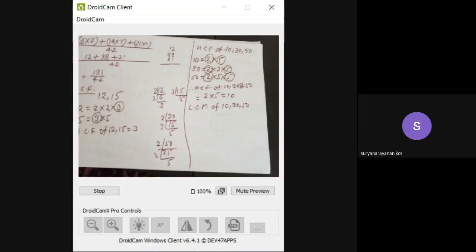This type of question also will be asked in this PA1 exam. Finding LCM of given three numbers or four numbers. Here we have taken three numbers only, 10, 30 and 50. Find the LCM of these three numbers.